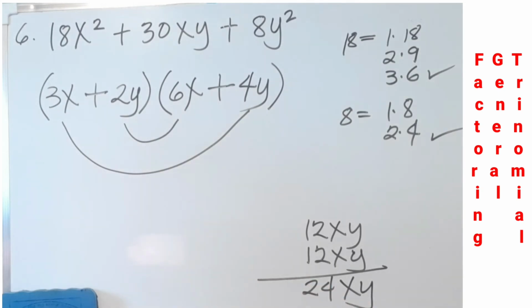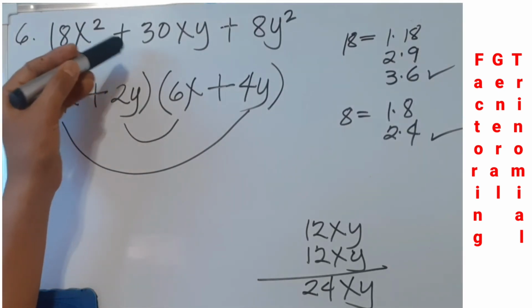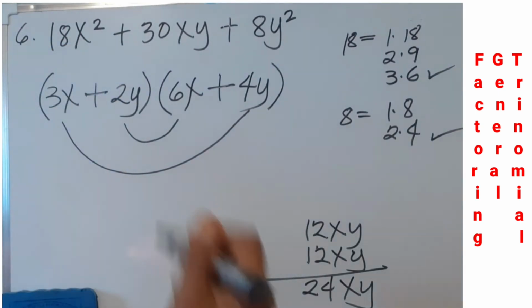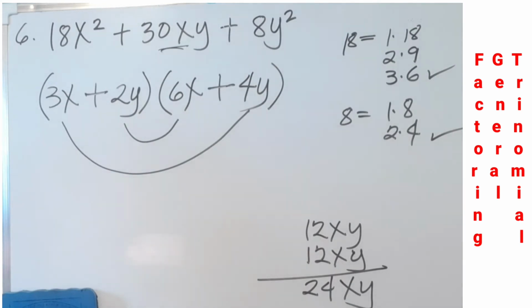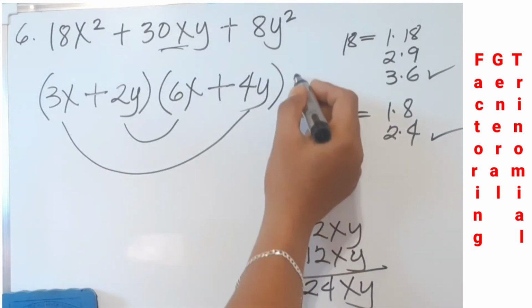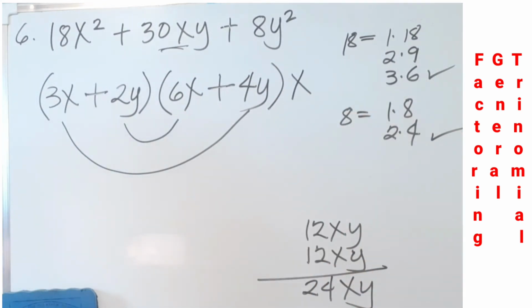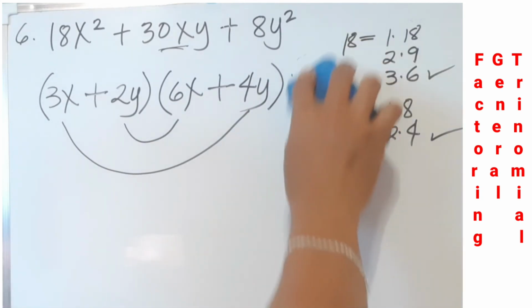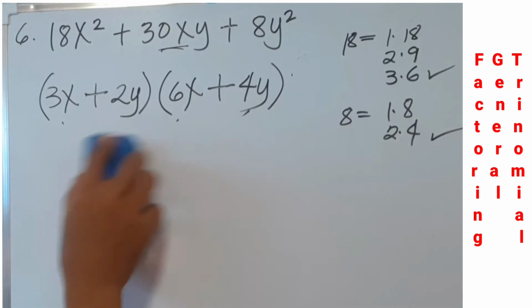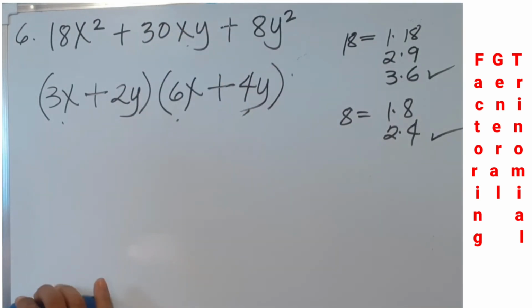Are we looking for 24xy? No, we are looking for 30xy. Meaning, this combination is not correct. So let us go on to another combination.